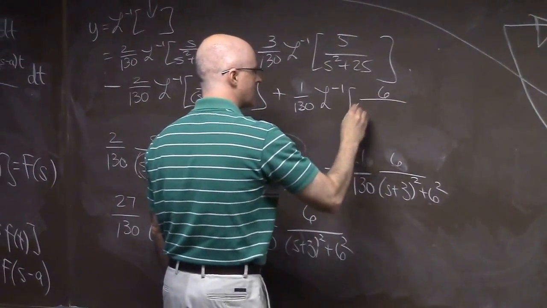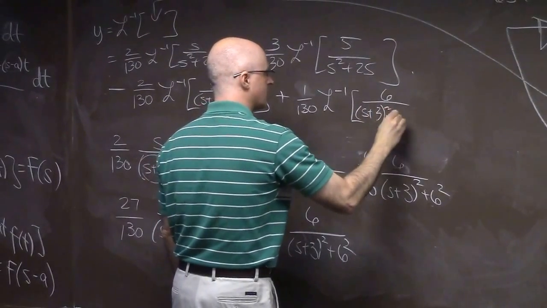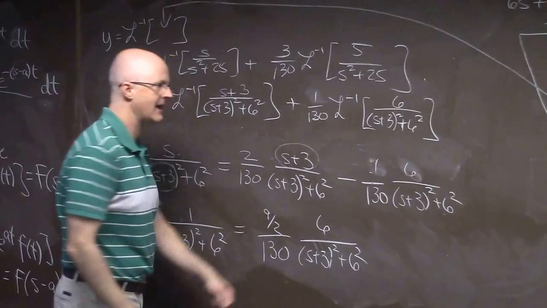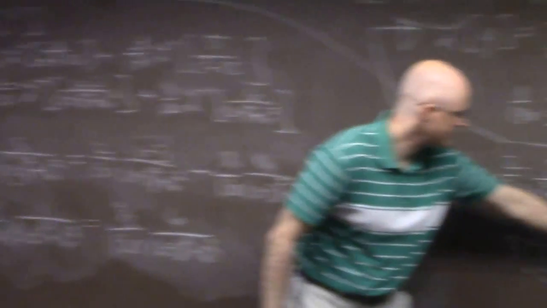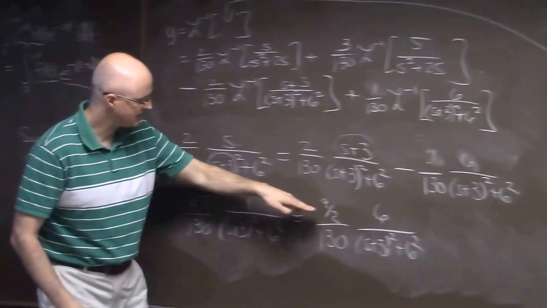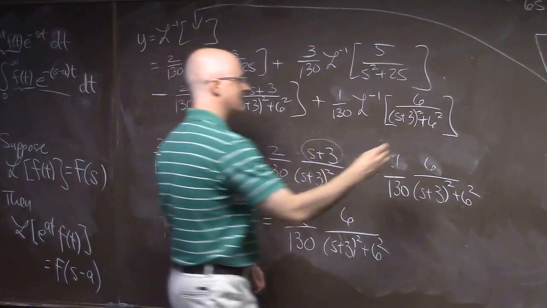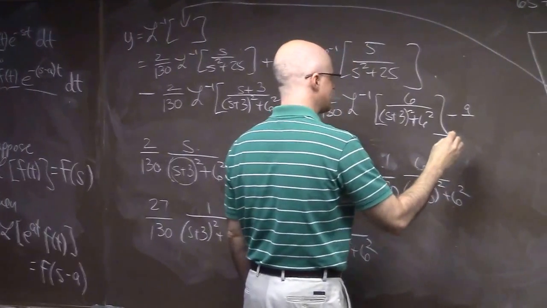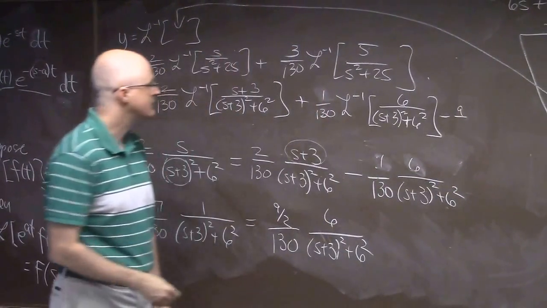Let's see, 6 over s plus 3 squared plus 6 squared. And then minus the inverse Laplace transform of that, minus the inverse Laplace transform of this. Minus 9 halves over 130 is 9 over 260.